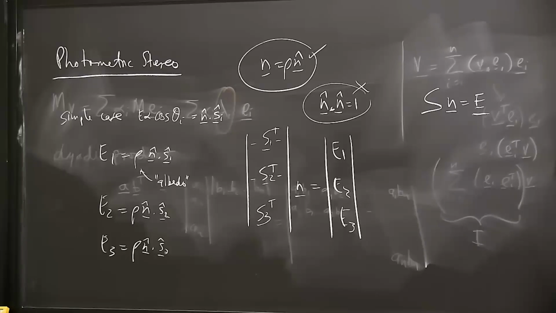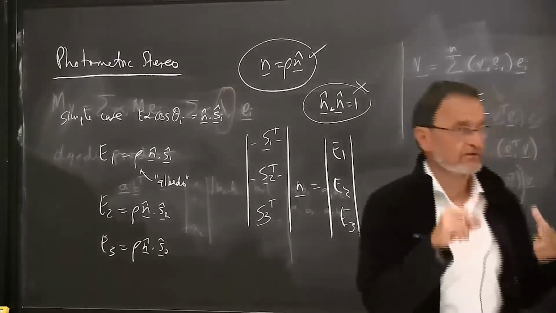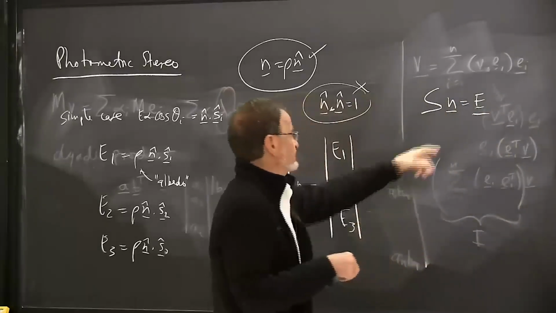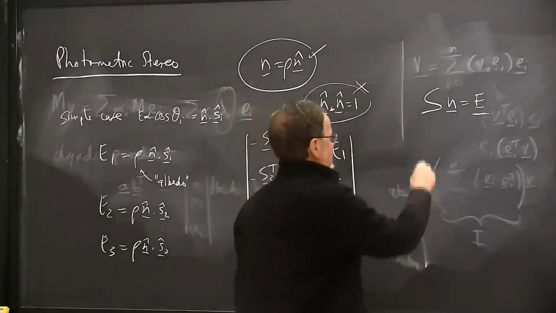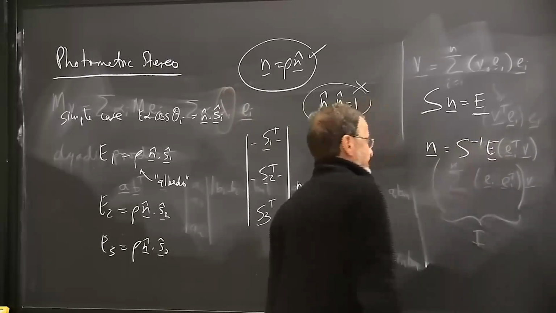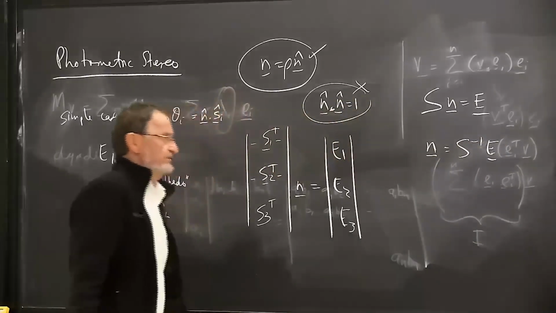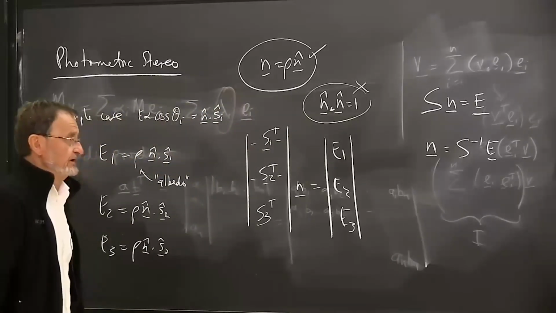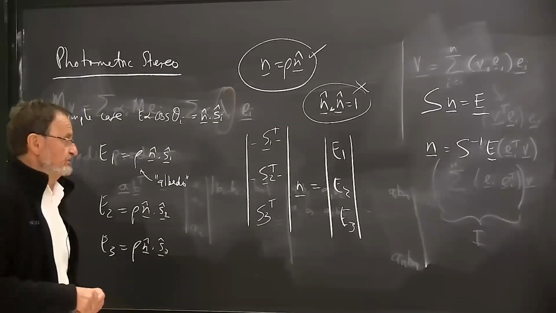So the vector E is just me stacking up my 3 measurements. Again, to be clear, I take one picture, I look at this pixel, I get E1. Then I turn on a different light source, I take a picture at that same pixel, I get E2. And then I turn on the third light source, I look at that particular pixel, and I get E3. And I stack them together to make this vector E. And so the solution is very simple and extremely cheap to compute.